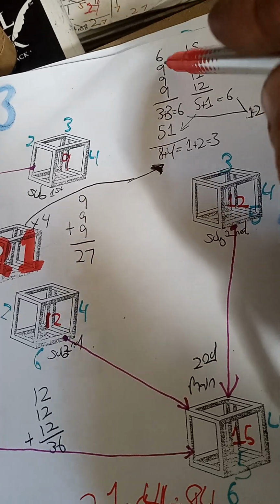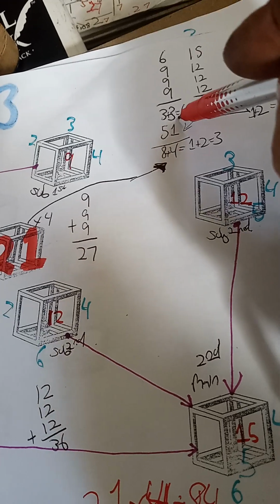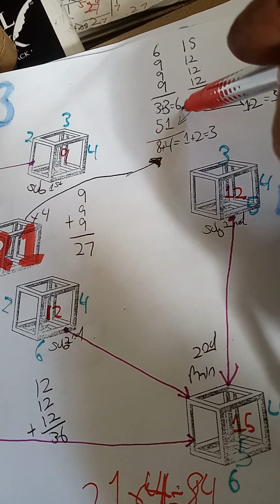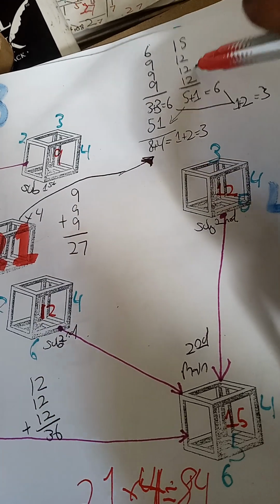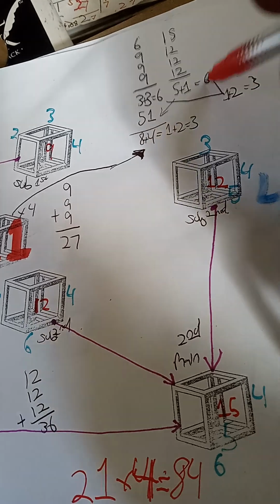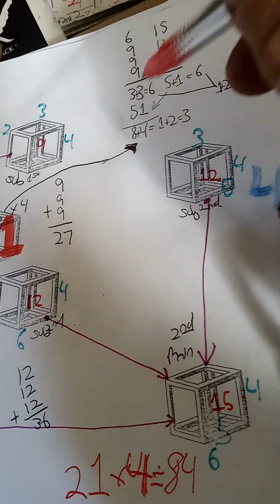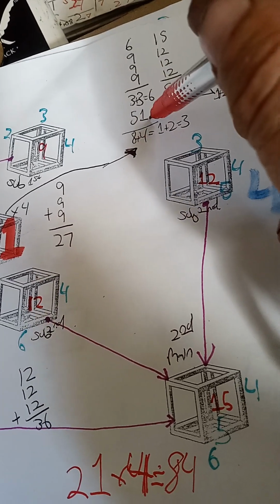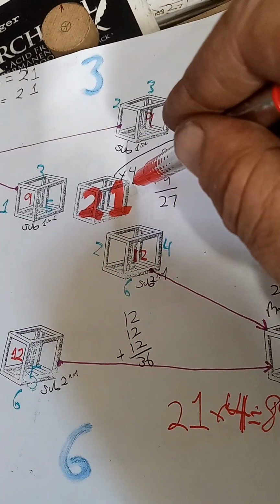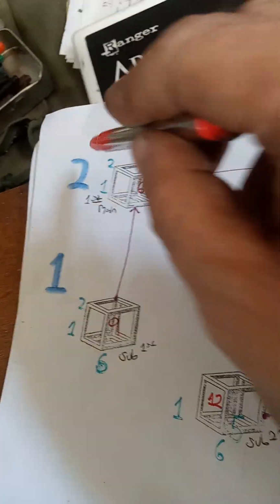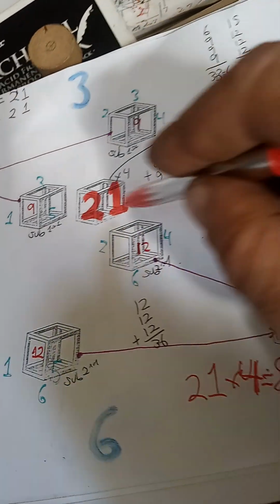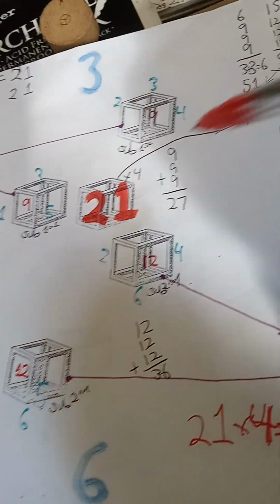But 6, 9, 9, 9 is 33, and 33 numerologically reduced is 3 plus 3 is 6. 15, 12, and 12 and 12 is 51, and 5 and 1 numerologically reduced is also 6. And then 33 plus 51 is 84, and that's where I discovered, well, hey, that's 4 times 21. And then I eventually discovered that that's the face value that guides the bulk of the resulting central ghost number.